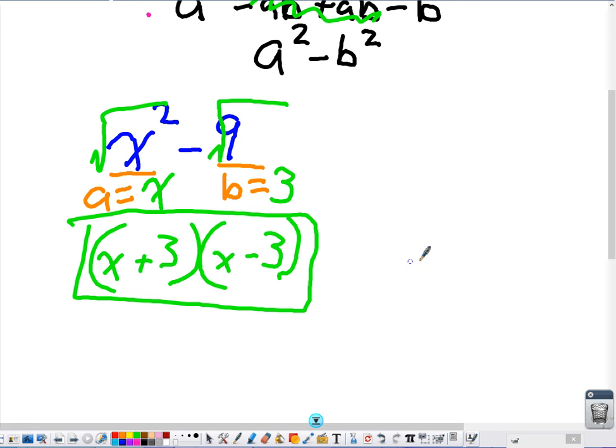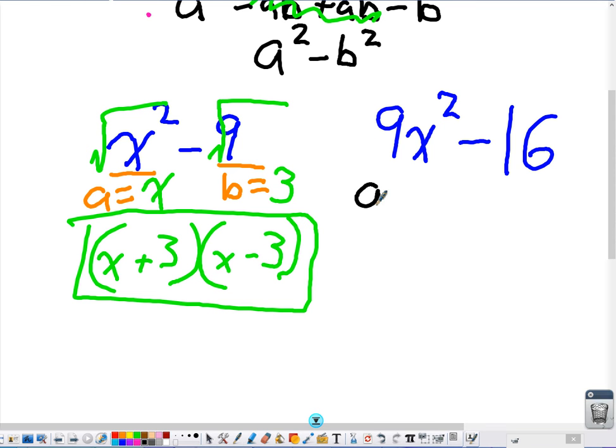Now, the cool thing about this, and my nerdy math I think is cool, even if we have a number in front of that x squared, it actually still works. So all I need to do is take the square root of 9, which is 3, and the square root of x squared, which is just x. And that's my a in this case.